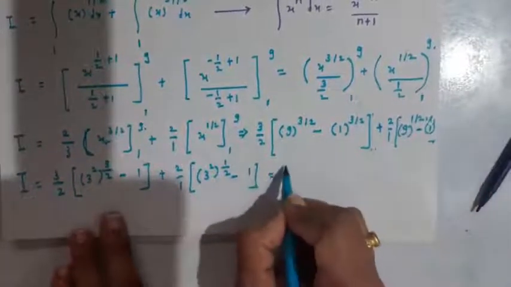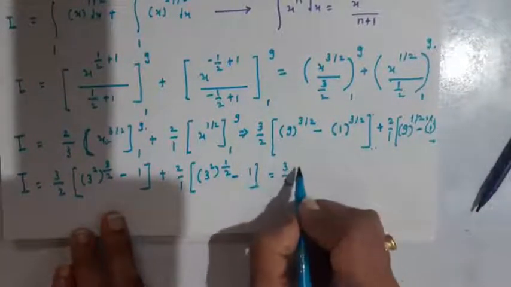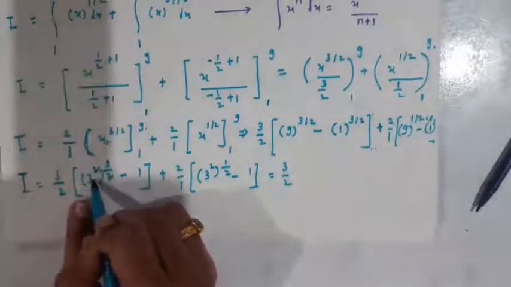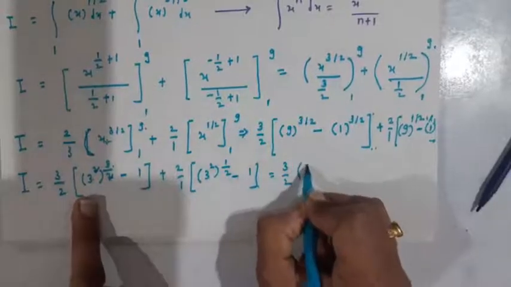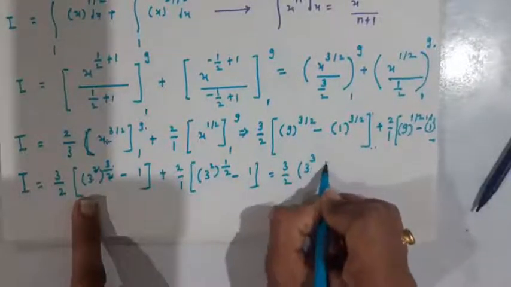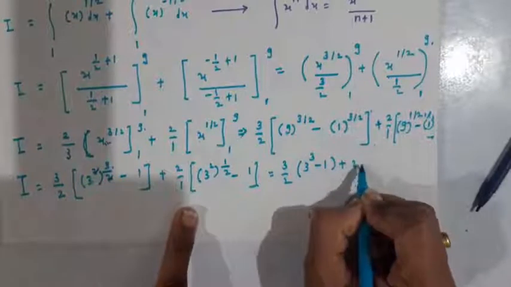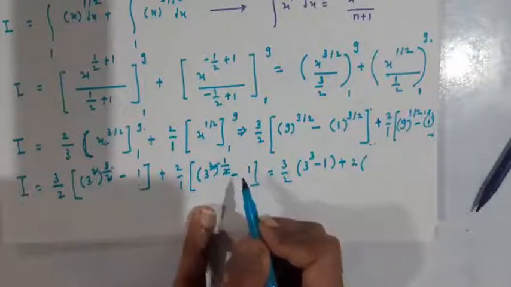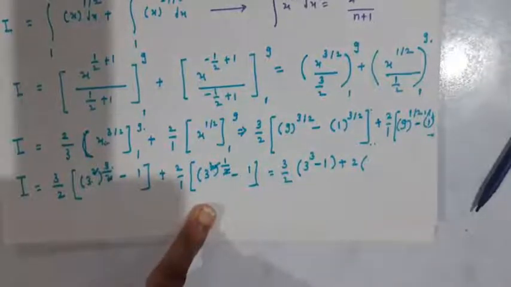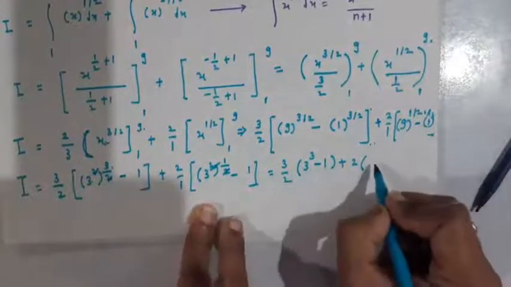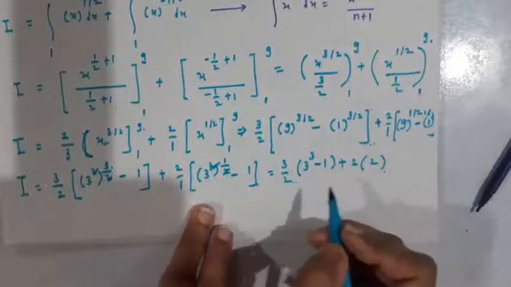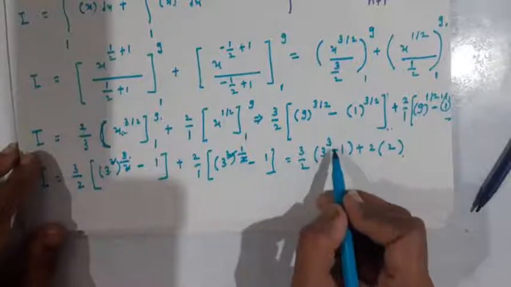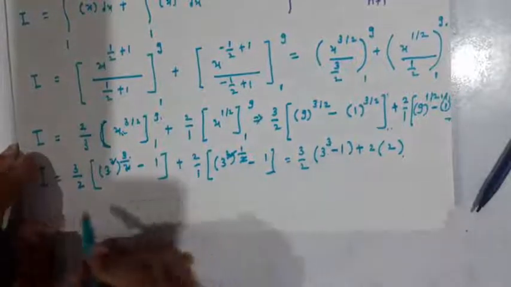And now this is equal to 3 by 2, and see students, these get cancelled and now 3 raised to 3 minus 1, plus 2 into, this 2 gets cancelled, 3 minus 1 is 2. Like this. And now this is equal to 3 raised to 3, which means 27, minus 1, that is 26.